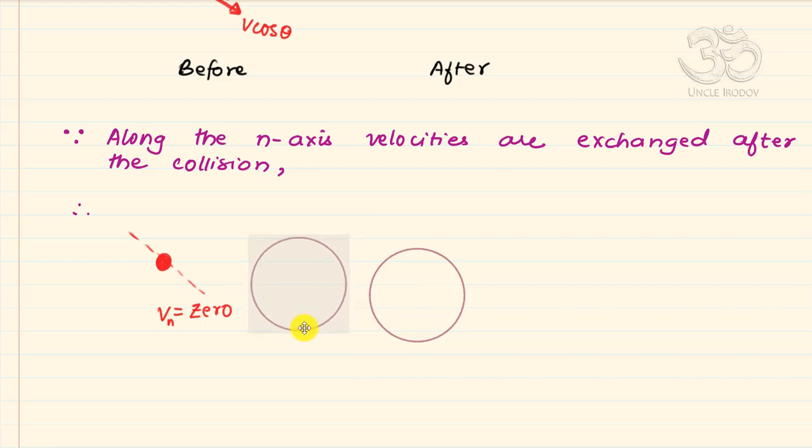So this ball here has got a velocity v cos theta along the normal axis after the collision.